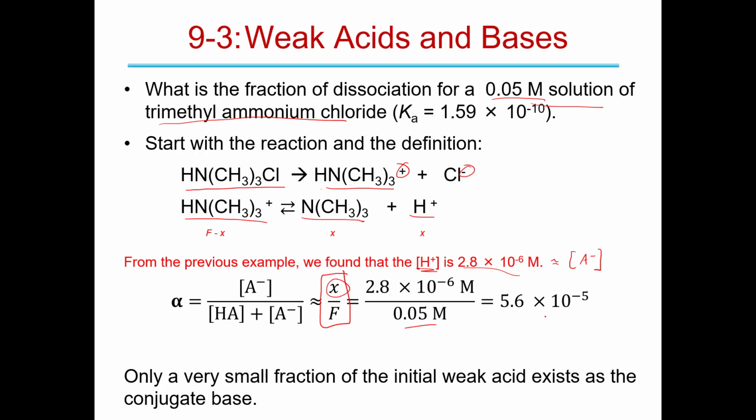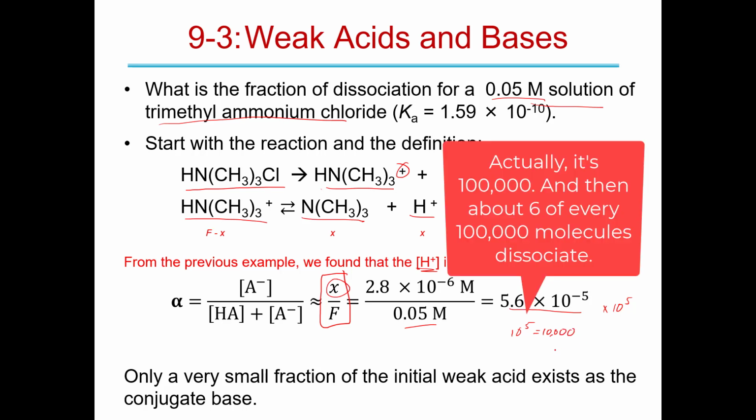Okay, so that's a tiny fraction. Only a very small number of the molecules that we have actually break up into ions. So for example, if we were to multiply this by 10 to the power fifth, that means 10 to the power fifth is 10,000. So if we have 10,000 of these HA molecules, about 5.6, or rounding to the nearest molecule, about 6 of those 10,000 molecules actually break up to give you these ions.